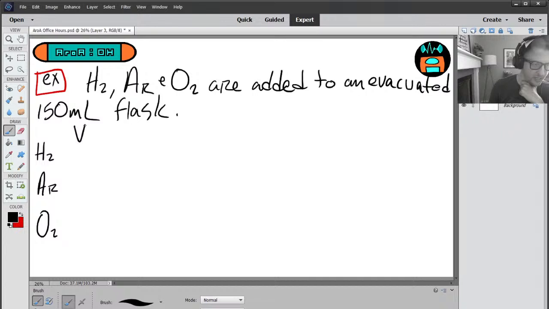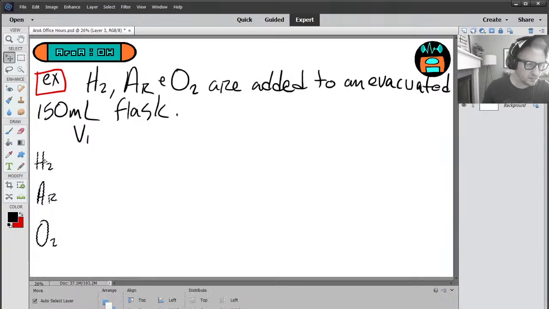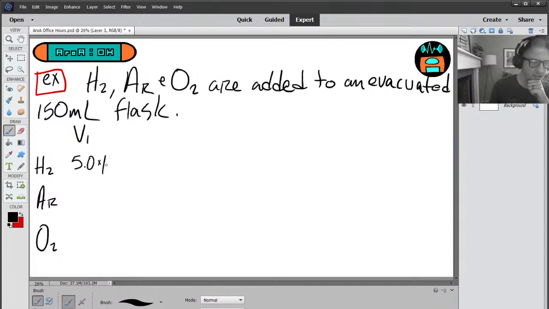They give us initial volume for hydrogen, 5.0 times 10 to the first milliliters, and initial pressure, 750 torr.